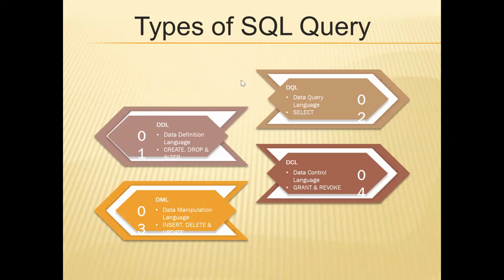Not only table, any object like a database we are creating. We have to create a database first. Once the database is ready, we have to create a table to insert data into the database. So the data will be stored in the form of table, rows and columns. For that, we need DDL commands and DML commands.